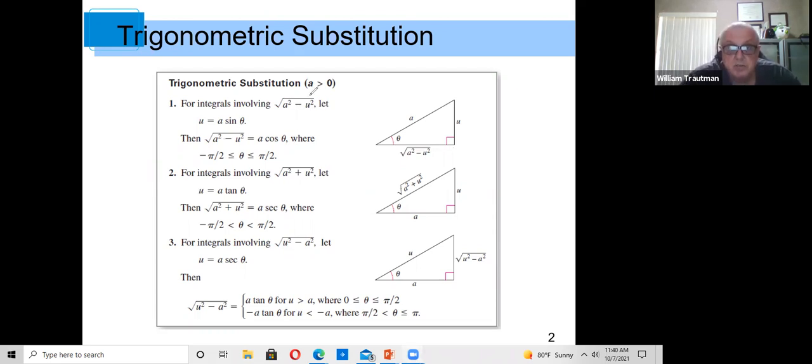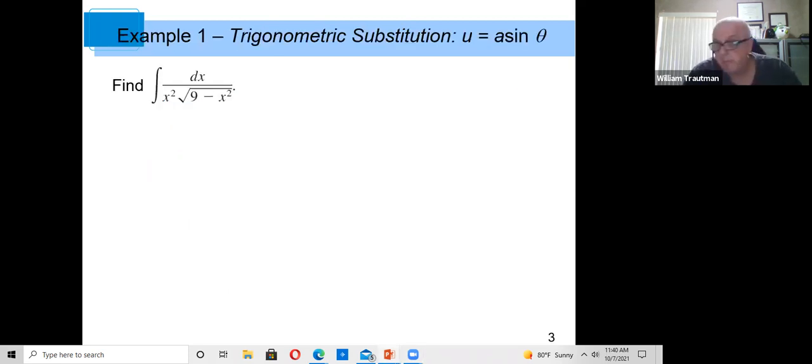All right, let's take a look. I think we have a problem. Yes. Now, let's show what this problem is. This is dx over x squared times the square root of a squared minus x squared, which is 3 squared, sorry.